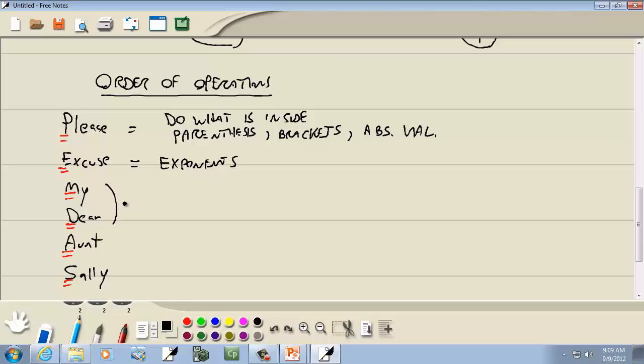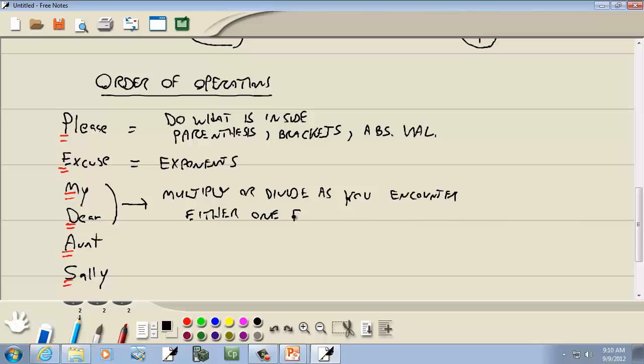Now these two are taken together. And this says multiply or divide as you encounter either one from left to right.